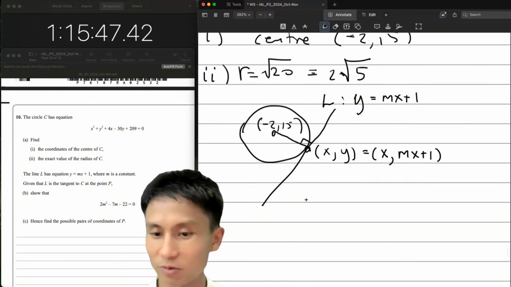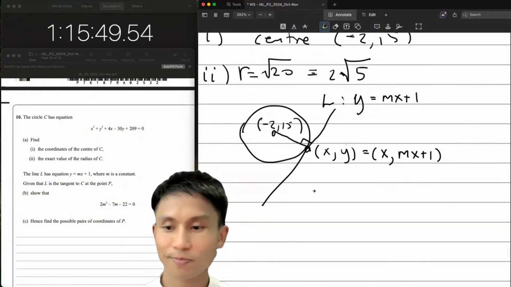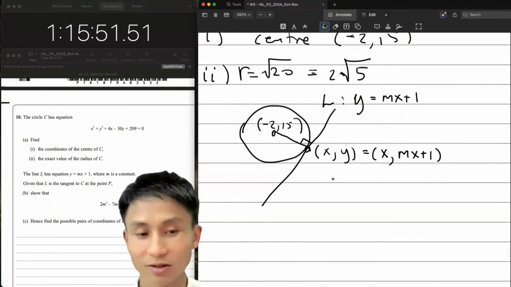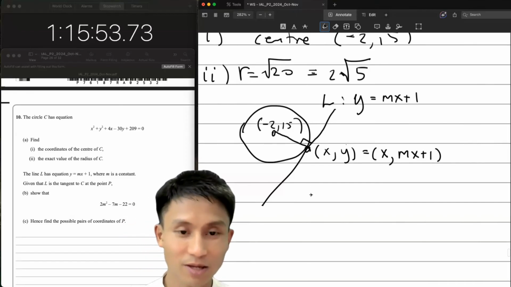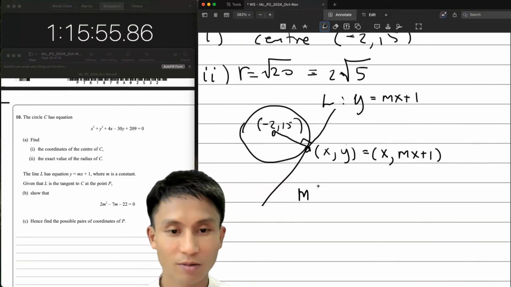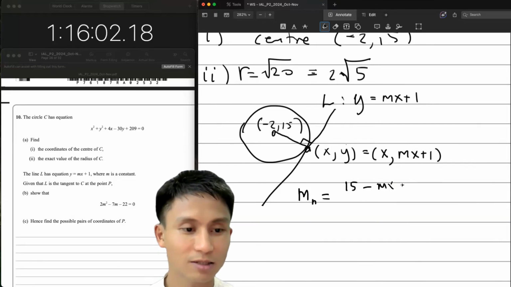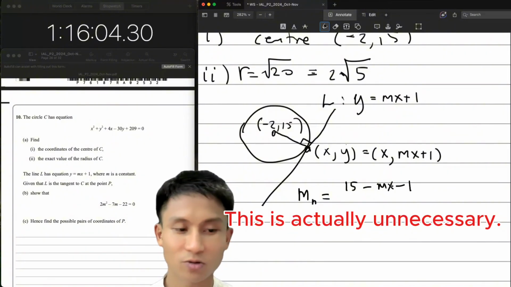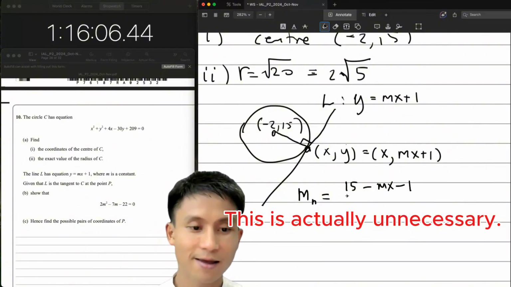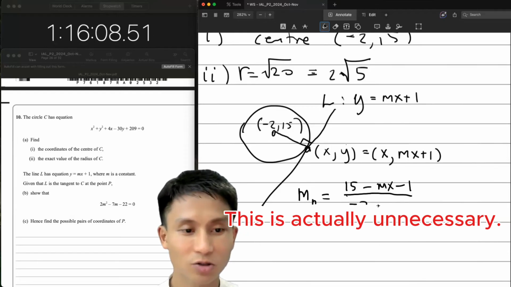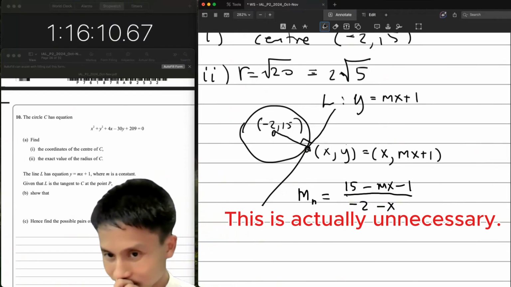We have one less variable there. So we find the gradient of the radius first. The gradient of the normal is going to be equal to 15 minus mx plus 1 altogether, both in brackets, divided by minus 2 minus x. Okay.